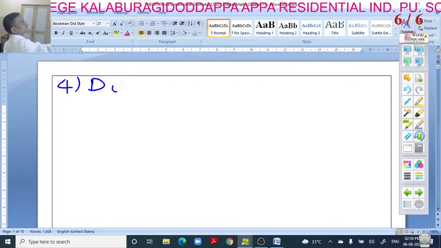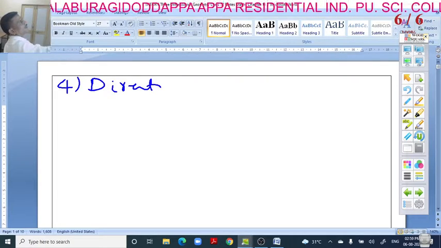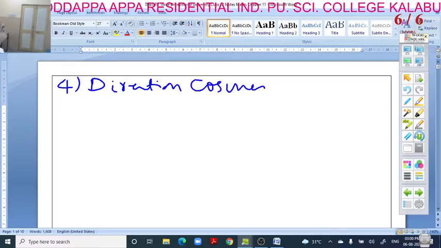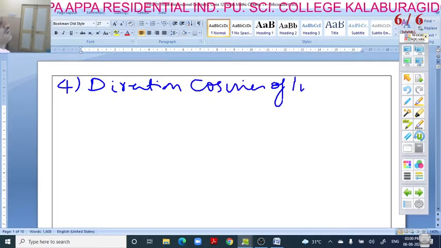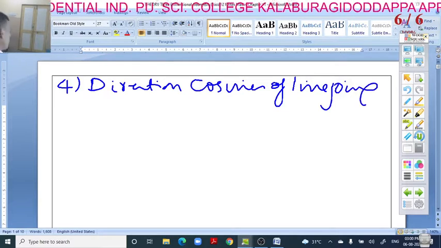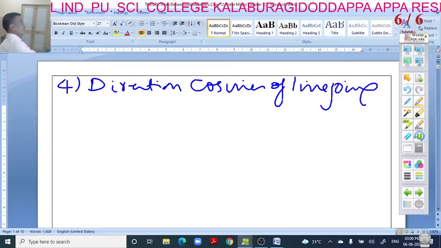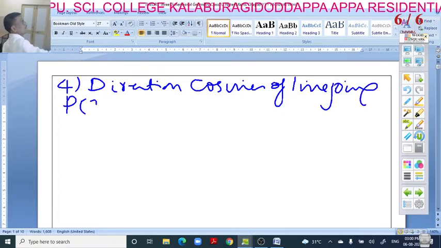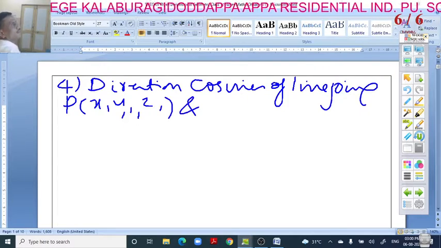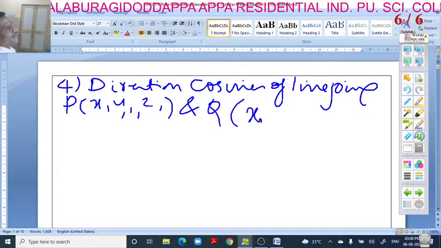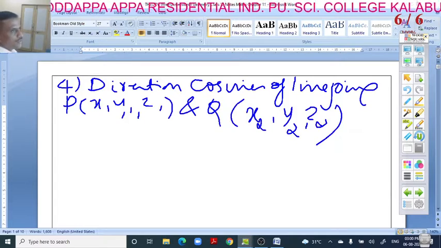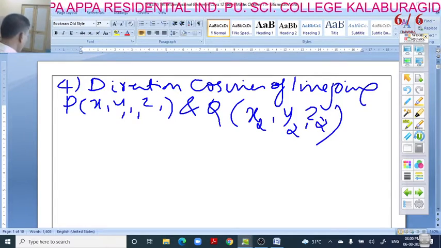Direction cosines of a line joining 2 points. Take the line joining the points P, having coordinates x1, y1, z1, and Q, having coordinates x2, y2, z2.